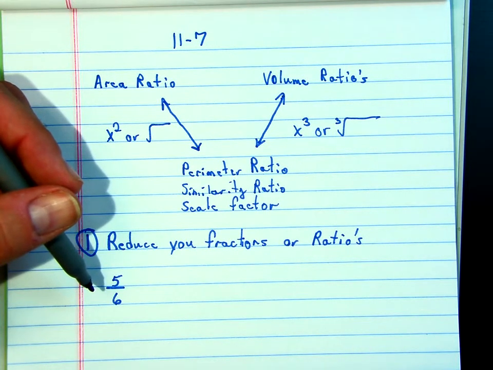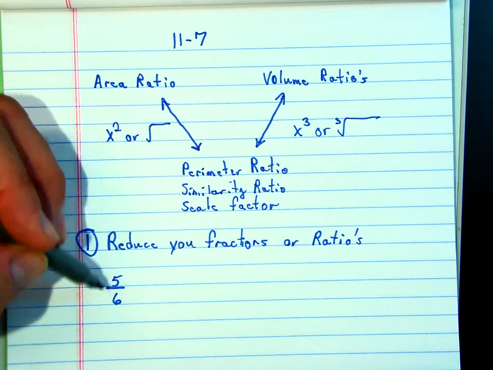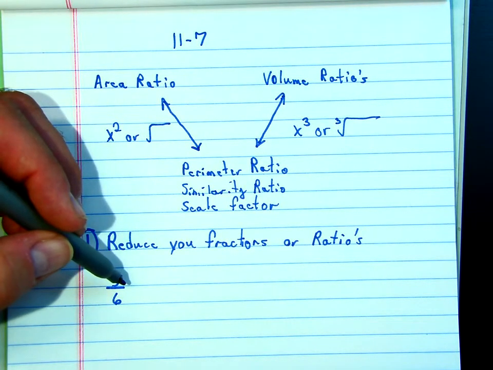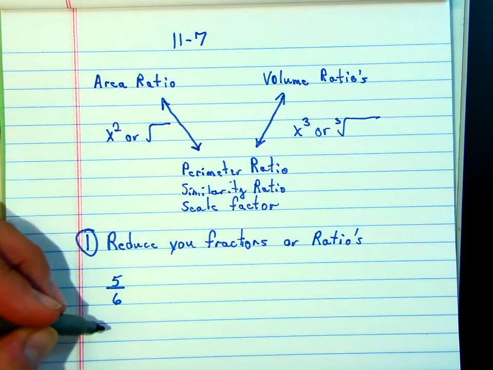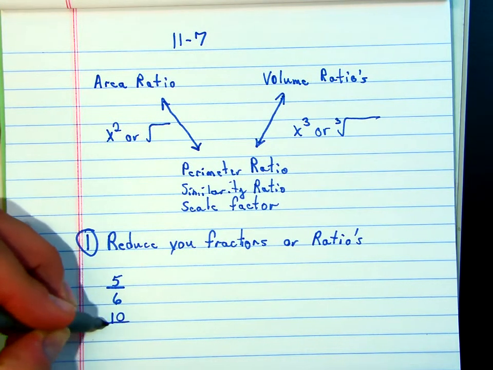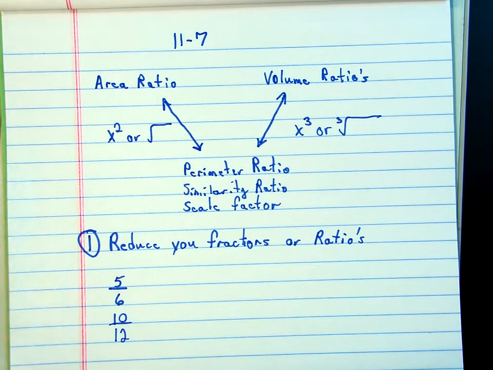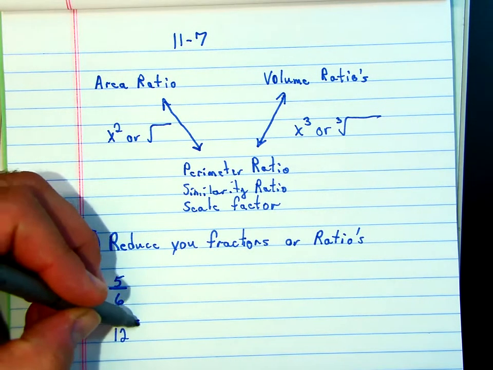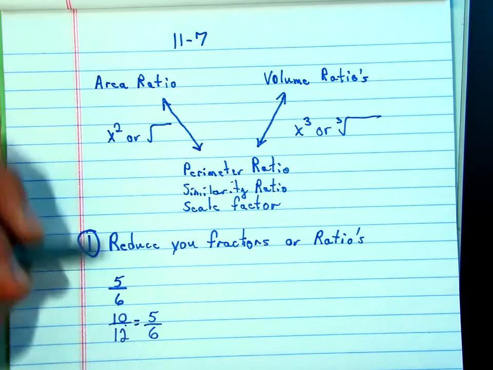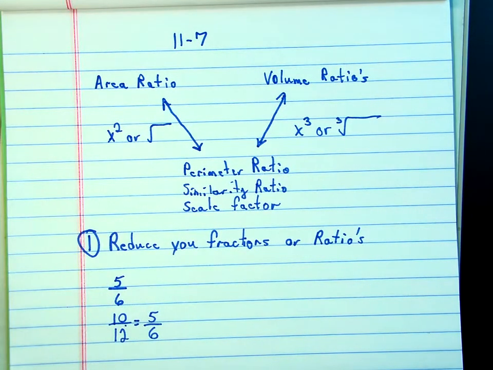So here's our scale factor, and if I wanted a ratio, I would check the next one, and it's 10 to 12. So I take the two different measurements and I see, does that reduce to 5 to 6? Yes, those two shapes are similar, and that is their scale factor. If they wanted to go from the smaller shape to the bigger shape, I would just flip those ratios.